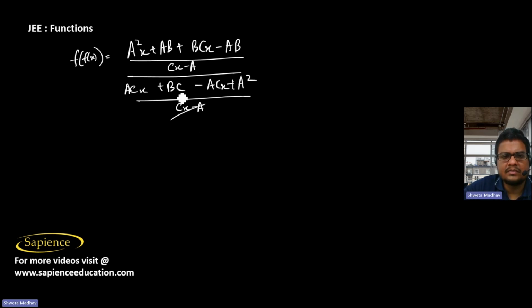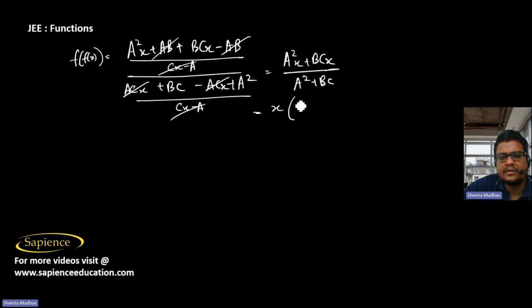The cx minus a part will get cancelled, and here also ab will get cancelled. Here acx will get cancelled. So this will come a square x plus bcx divided by a square plus bc. So from here, if I take x as common, this will be x into (a square plus bc) divided by (a square plus bc). So they will cancel out, then it will be x. So f of f of x is x.